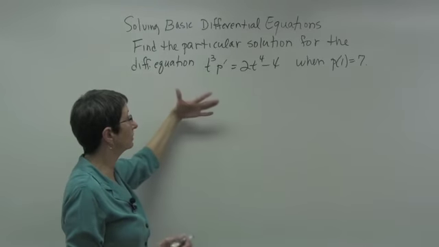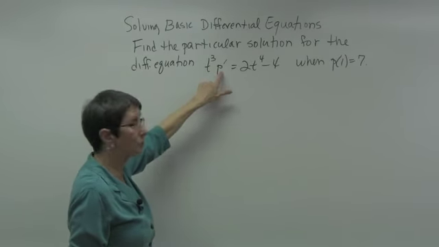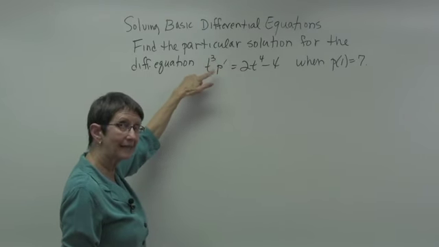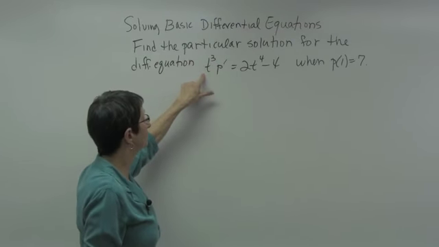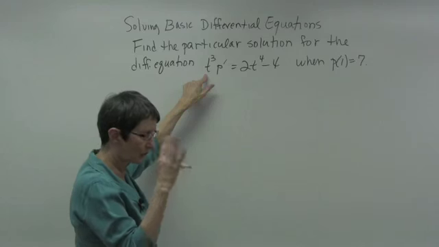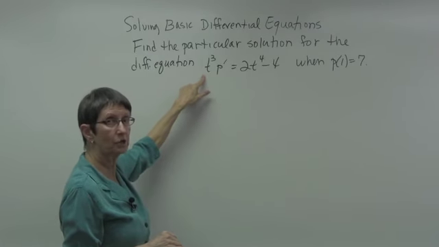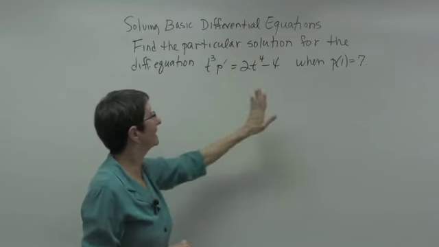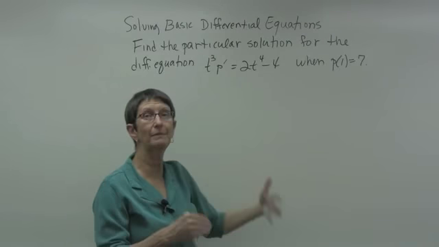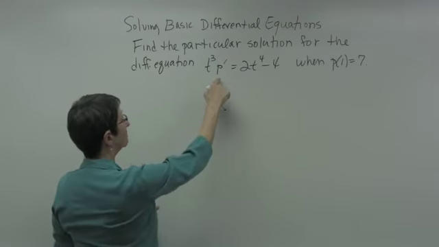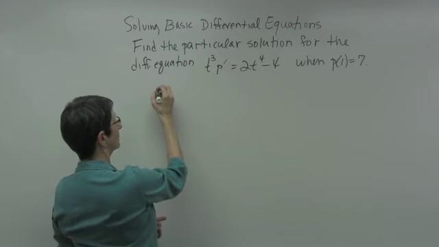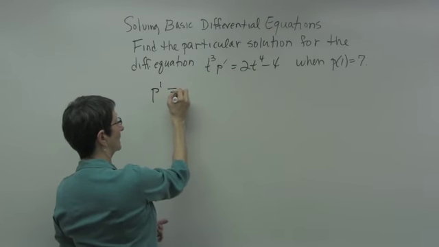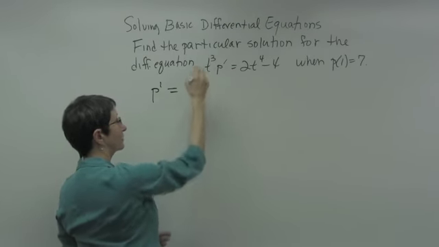So remember that a derivative is the rate of change of the output variable, which in this case is p, divided by the change in the input variable t. This is basic differential equations. I need to rewrite this as p prime equals. So to get p prime equals the rest of the equation, I have to divide through by t to the third.